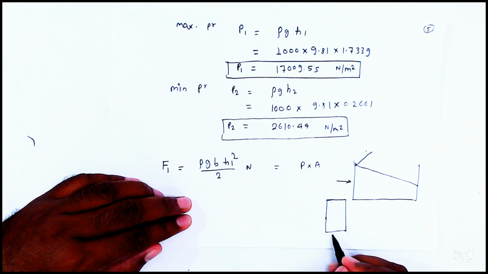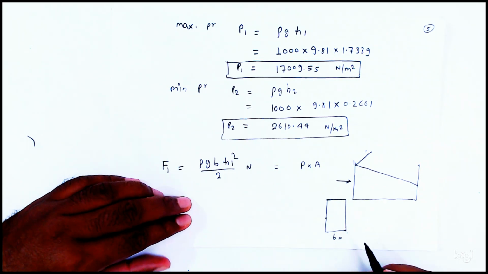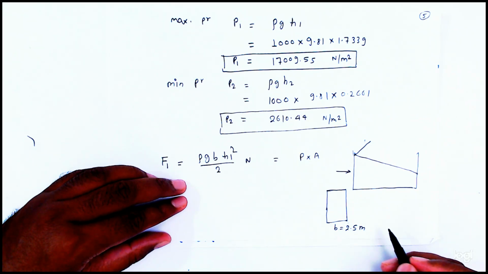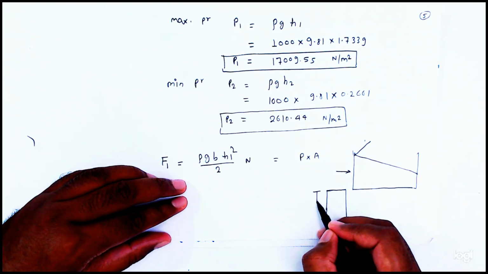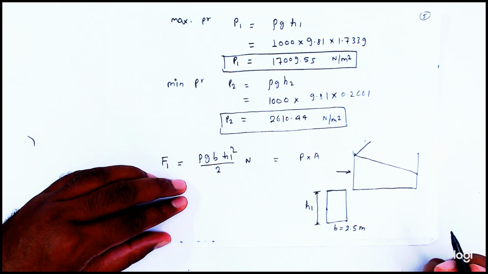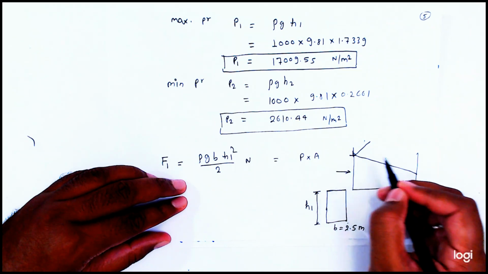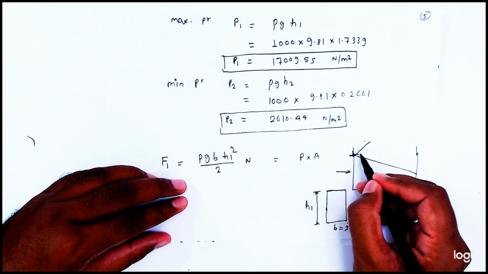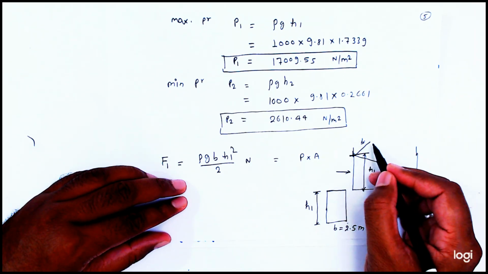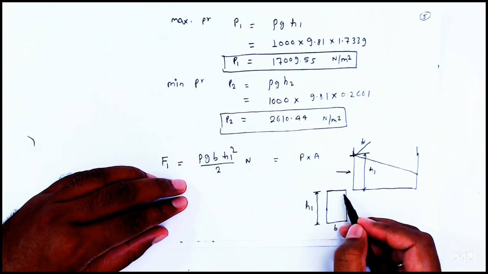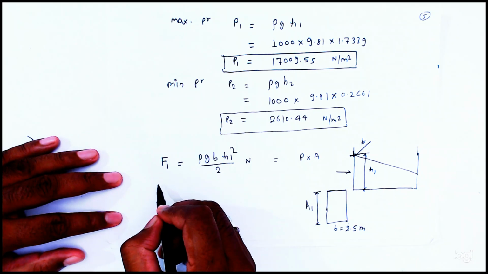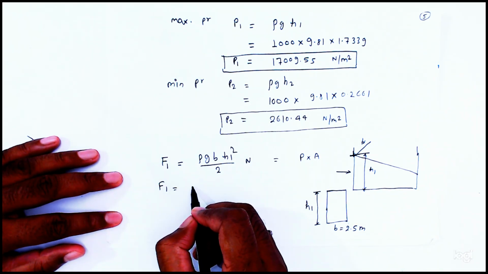It means this is the width b, equal to 2.5 meter, and this length is h1. Up to this the liquid is there, so this end is h1 and the width is b. So it is a rectangular plate. At the rectangular plate, what is the total pressure? F1 is equal to pressure into area.